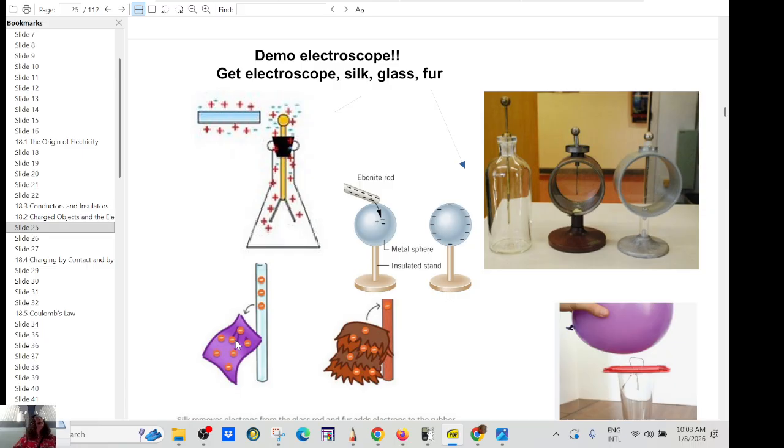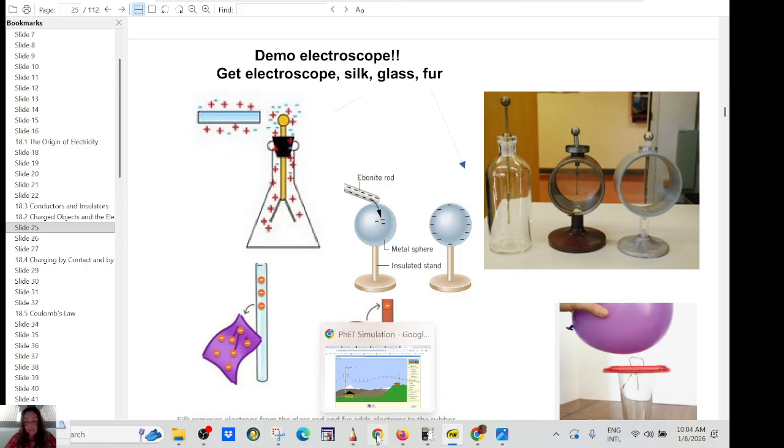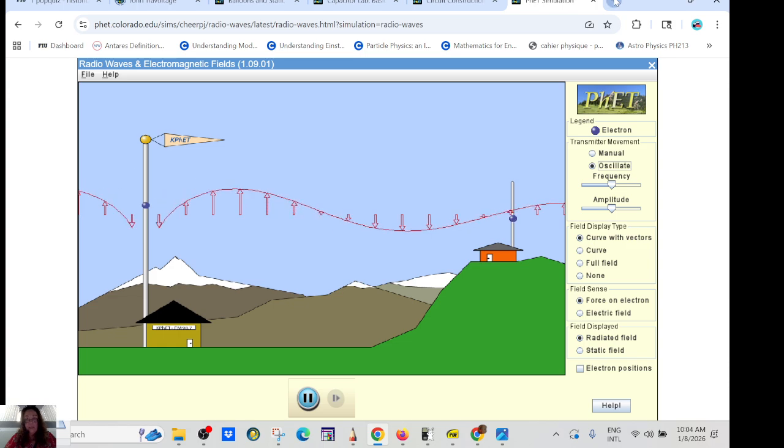Yes. Can you do like silk and fur? Silk and fur. Not sure. I never tried. I'm sure you can. Which one do you think would be the one? I have no idea. We need to ask.